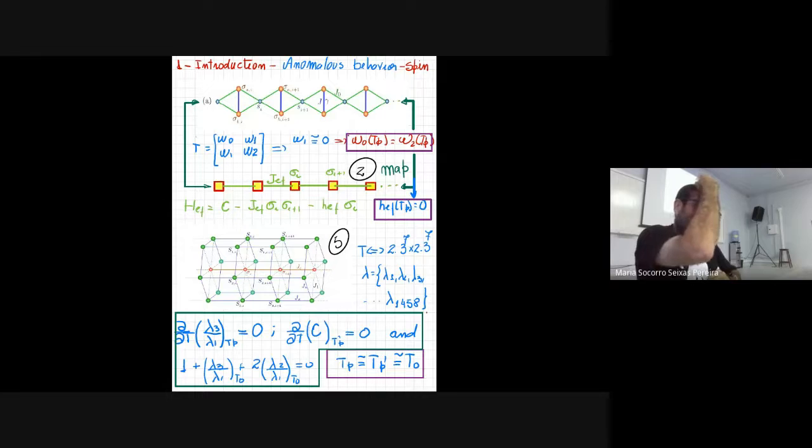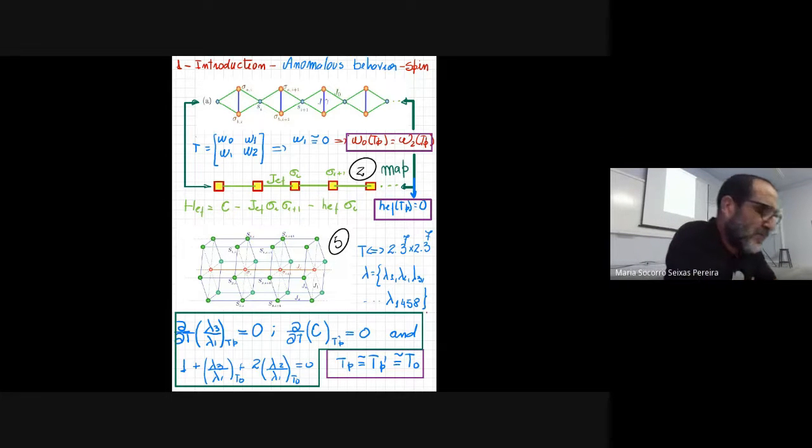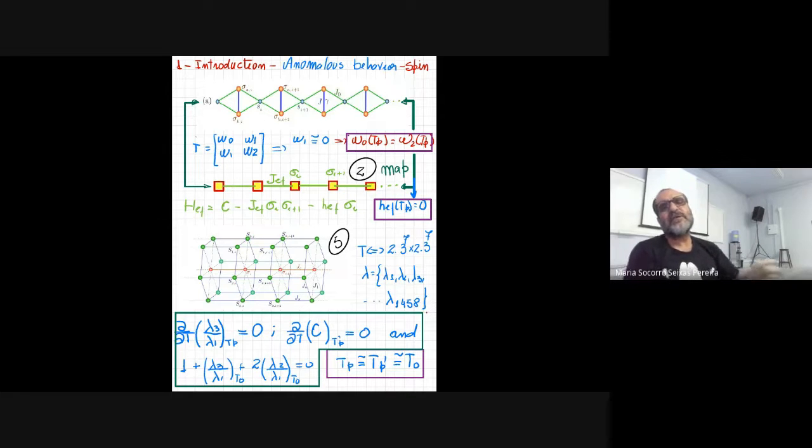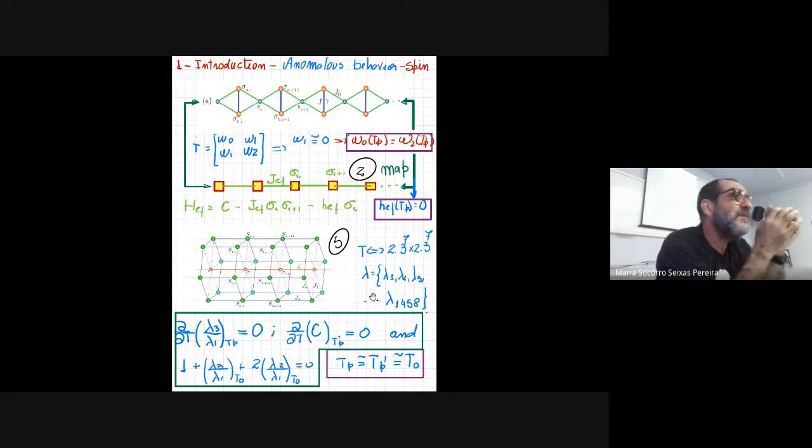But after the visit of Joseph, we returned to the model of Jordana's work, and we worked hard on this model. The interesting point of this model is that the transfer matrix is 2 by 2.